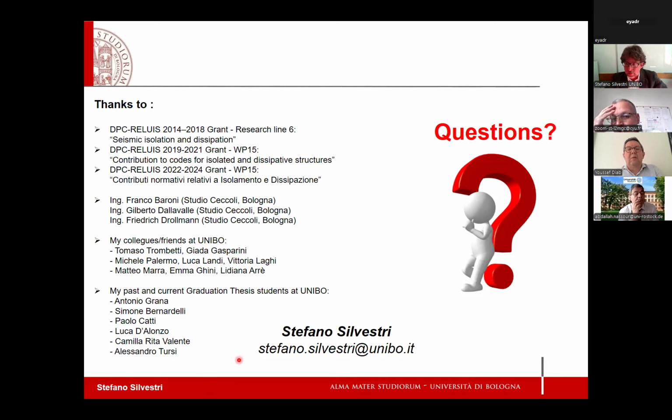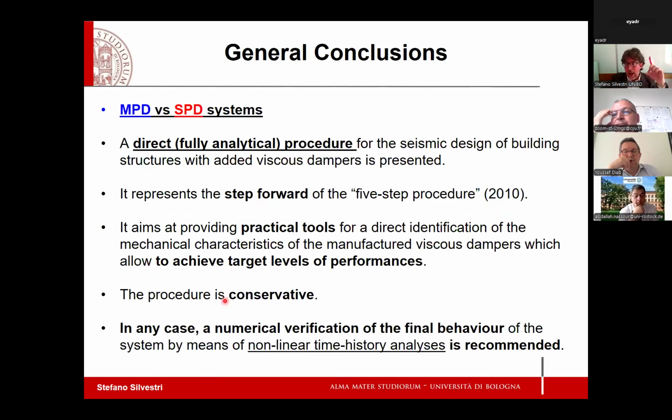Did you use for this method the spectrum or the acceleration? And the analysis is fully nonlinear, right? The design has to be conducted with the spectrum to be easy. So this is a preliminary sizing.